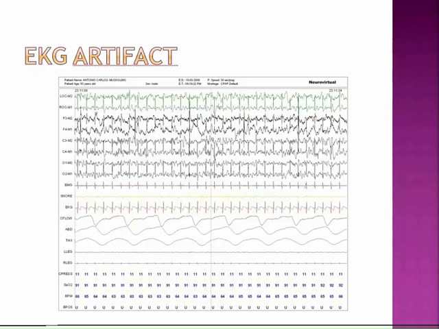But what you won't see from the impedance levels is this type of artifact coming through. So impedance levels are important, but they're not everything. We've got to use all the tools in our arsenal to make sure that we are looking at our electrodes, becoming familiar with what our signals should look like, so we know when they don't look like that, okay, there's something that needs to be fixed.